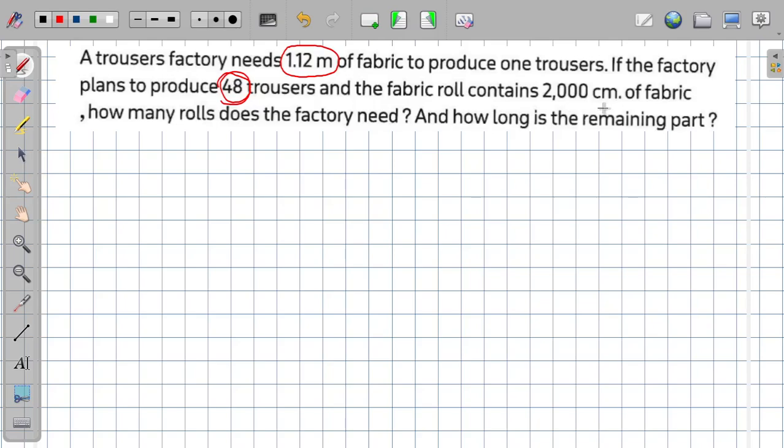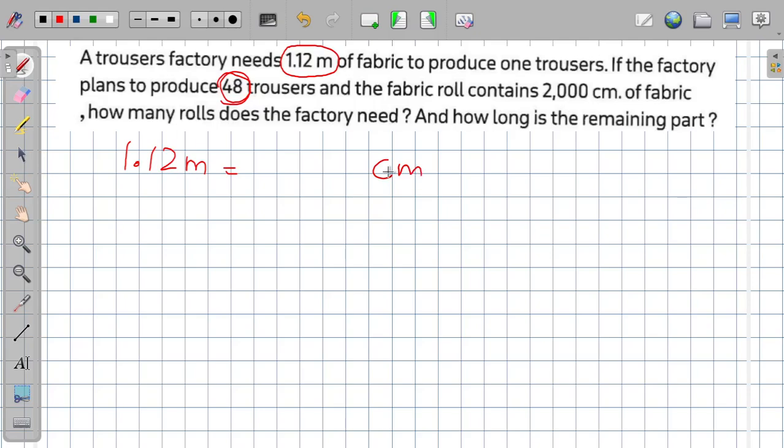So what can I do? First, I want to convert this unit, centimeter, to meters, or maybe we can convert the unit meters to centimeters. So 1.12 meters equals how many centimeters?